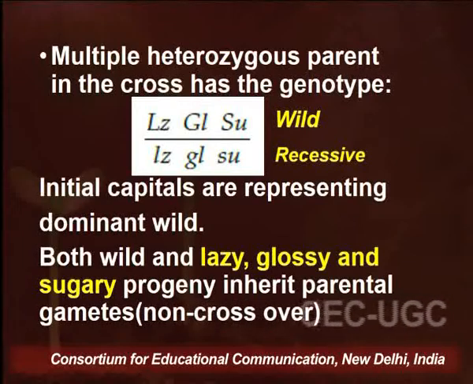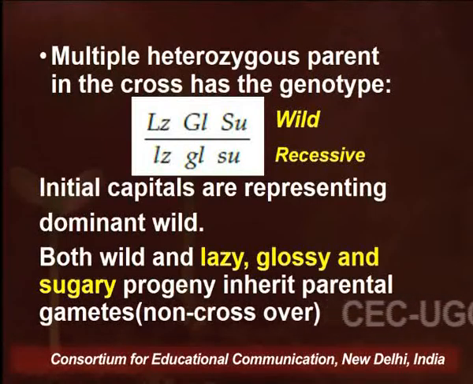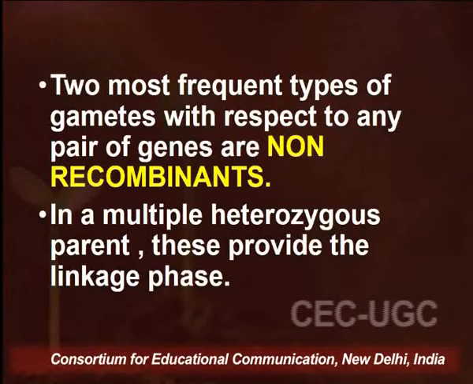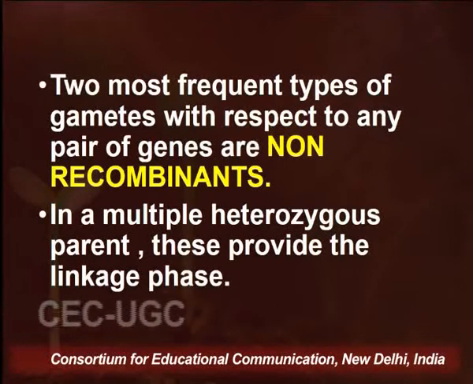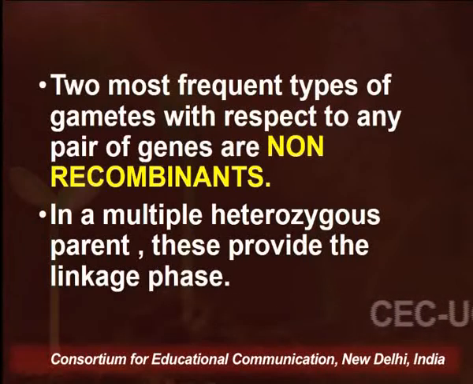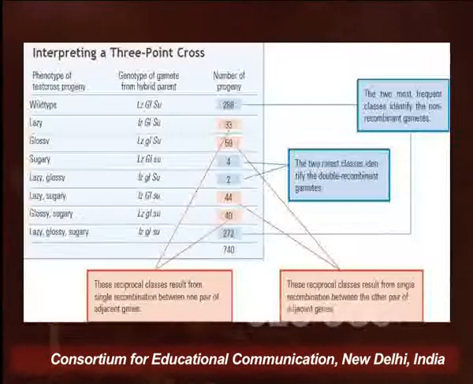So the initials of capital L, capital G or capital S signify the dominant wild type. And whether we have a crossover or a non-crossover, it would be detected immediately. The 2 most frequent types of gametes with respect to any pair of genes are going to be the non-recombinants, and if they are the non-recombinants, they would definitely show us that linkage is on and the linkage phase is going on.